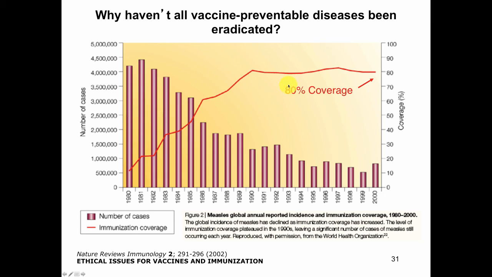But you can also see that there's now a plateau. Although 80% of the people in this study were covered, and I think this represents worldwide coverage, there's still a gap of 20%, meaning that people that don't have access to that vaccine are still susceptible to that particular infectious disease.